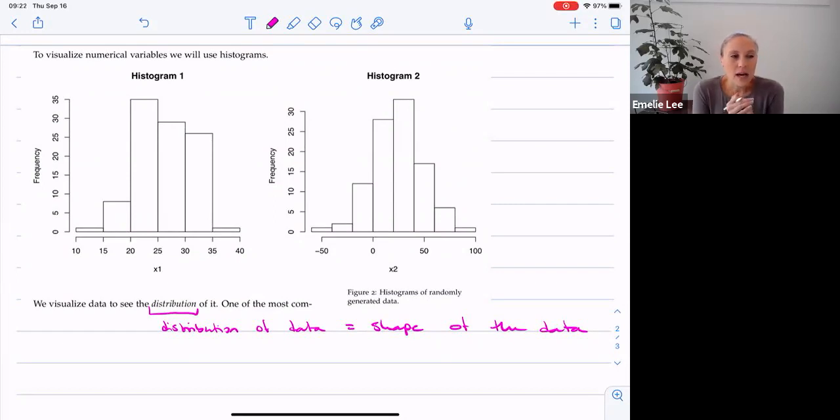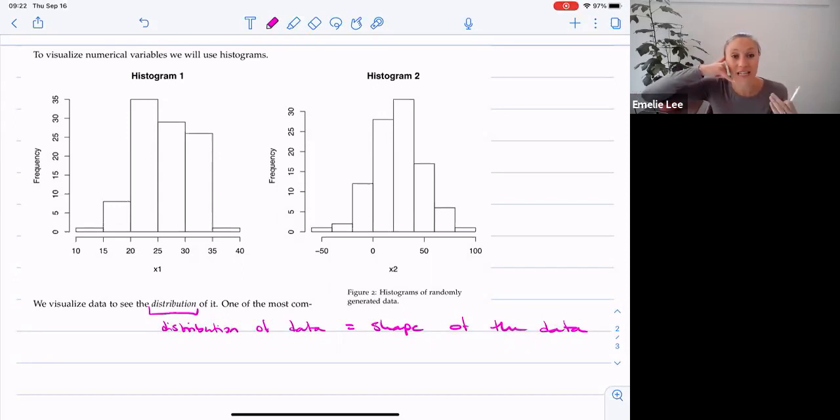And so I think what you'll find is that, let's pretend that you're on the phone, and it's a landline because it's like a banana one. So you're on the phone and you're talking to your friend and you have to communicate what histogram 1 looks like.